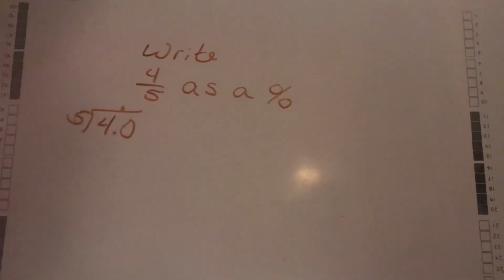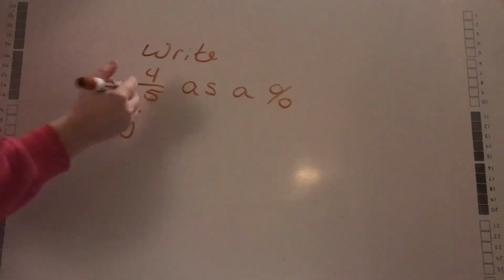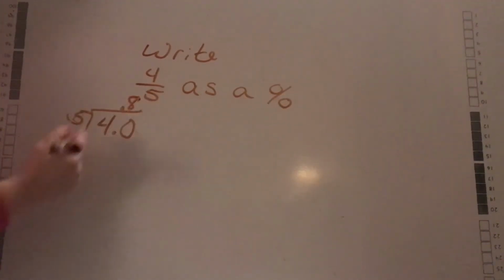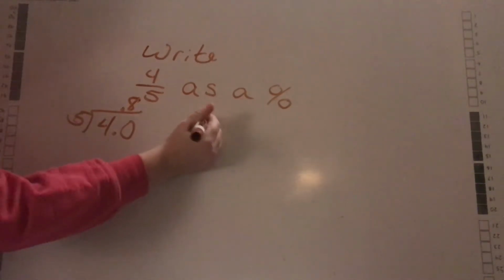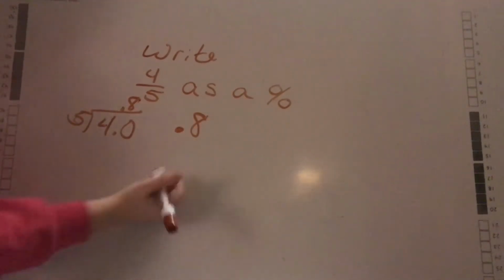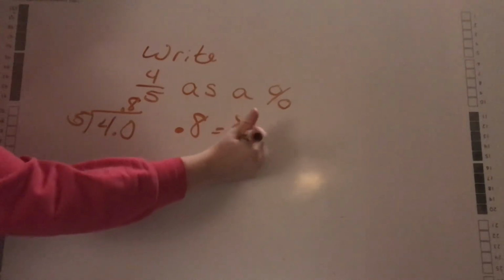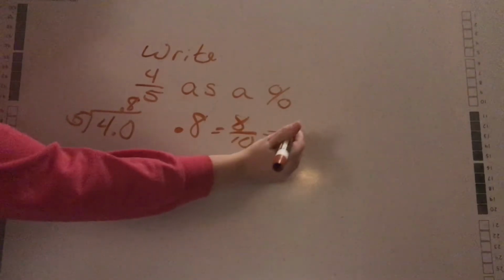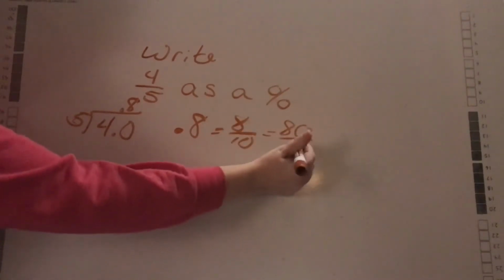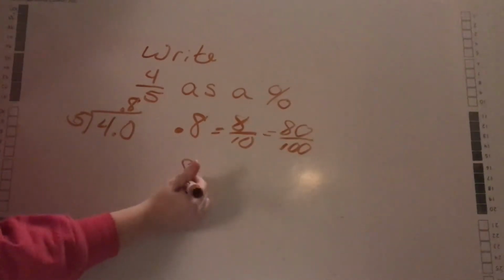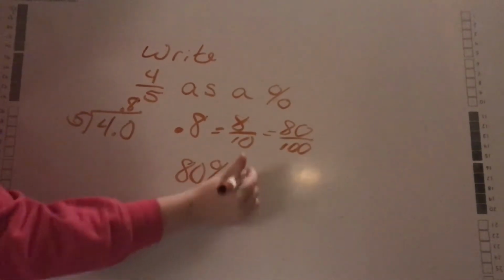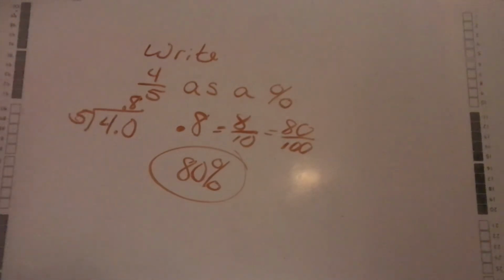How many times does 5 go into 40? That's right, it goes into there 8 times. So 0.8, which is going to equal 8 over 10, which equals 80 over 100, which means it's 80%.